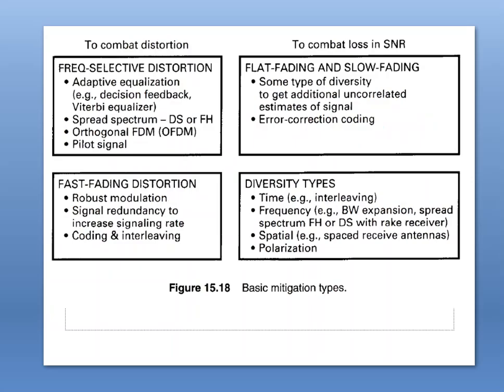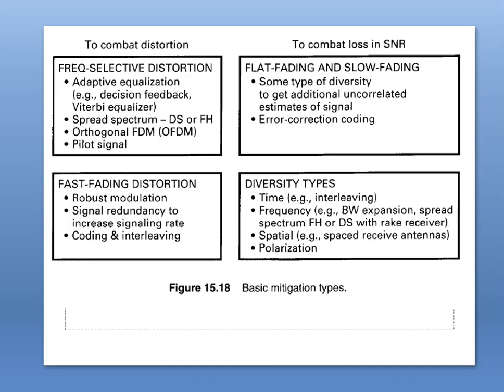Now, coming to the different types of combat methods to avoid the distortion with respect to fading. First one to combat distortion, second one to combat loss in SNR. In order to remove the distortion with respect to frequency selective fading, we are supposed to use adaptive equalization.